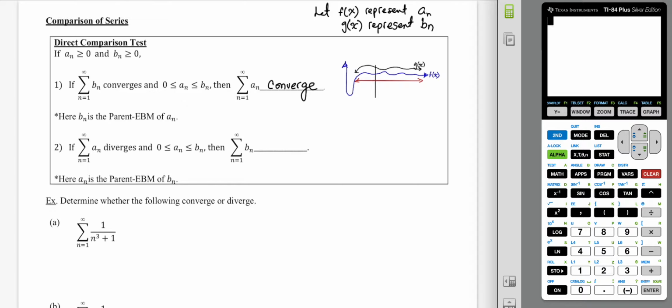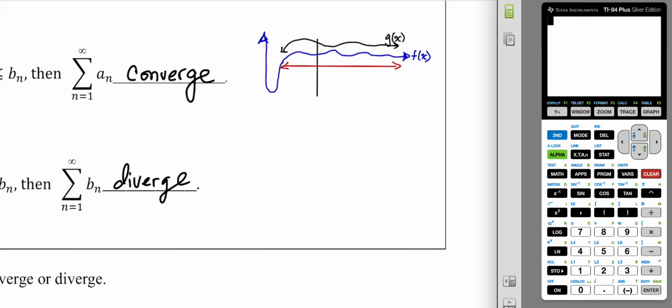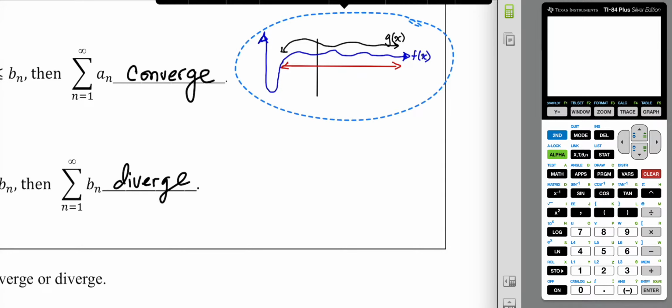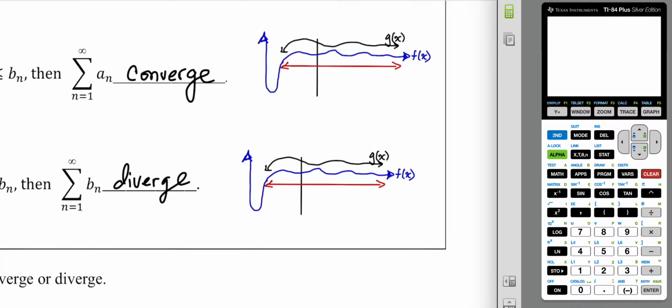If a sub n diverges and a sub n is between 0 and b sub n, then b sub n must also diverge. The idea being, same general structure here, I'll largely use the same diagram. Well, actually, let me hang on to the g of x. You can't control the function that's trapped in between the other two.